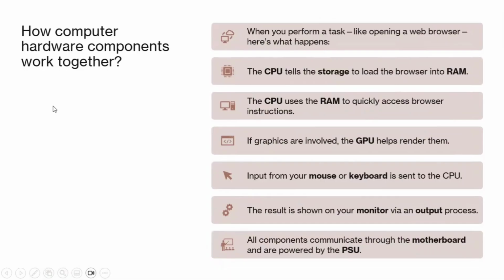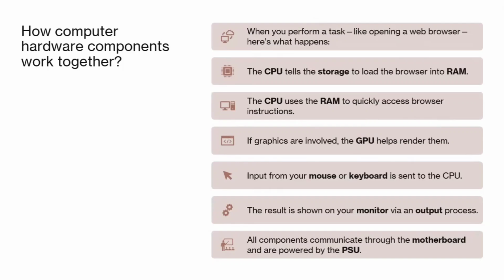When you perform tasks like opening a web browser, the CPU tells the storage to load the browser into RAM. Also, the CPU uses the RAM to quickly access browser instructions. If graphics are involved, the GPU helps render them. Input from your mouse or keyboard is sent to the CPU.